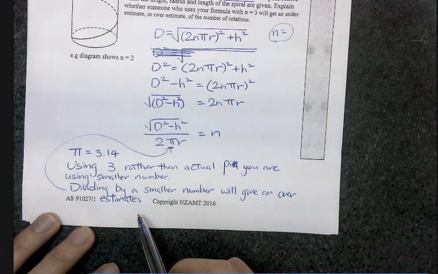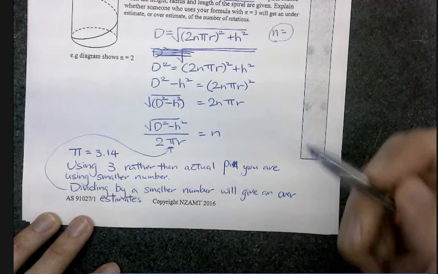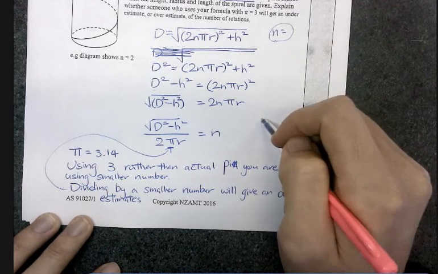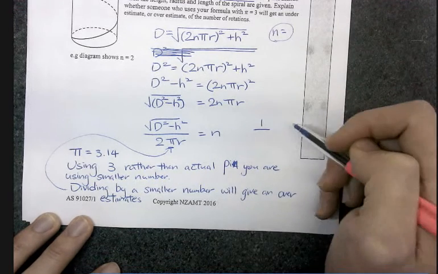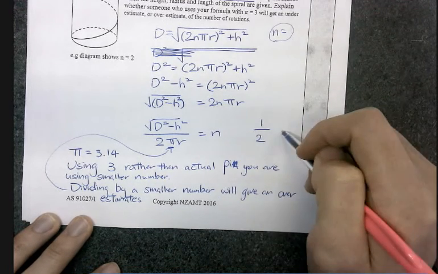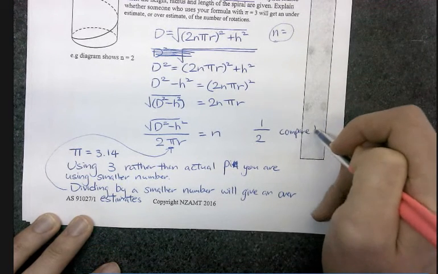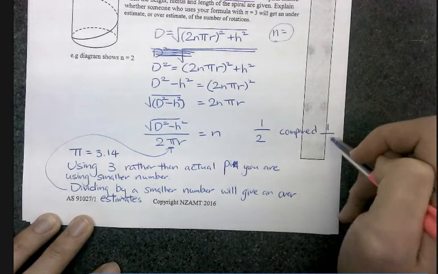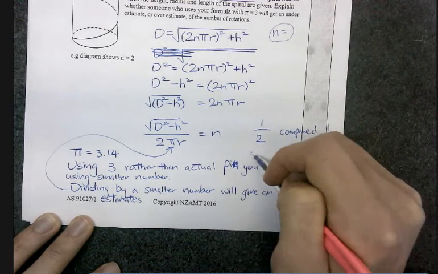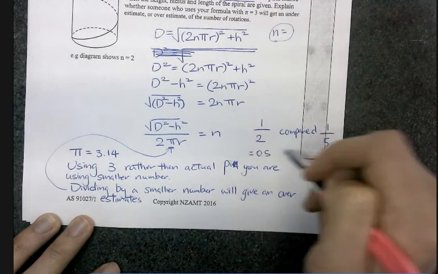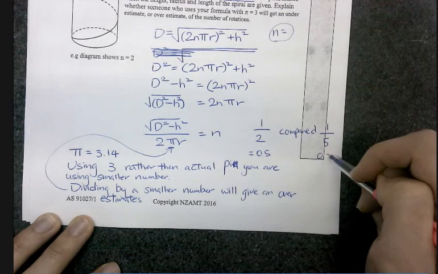overestimate the numbers. So the way you kind of know it is that if you had, say, 1 over 2 compared to, say, 1 over 5, the answer you're going to get here is 0.5, and that's going to be 0.2.